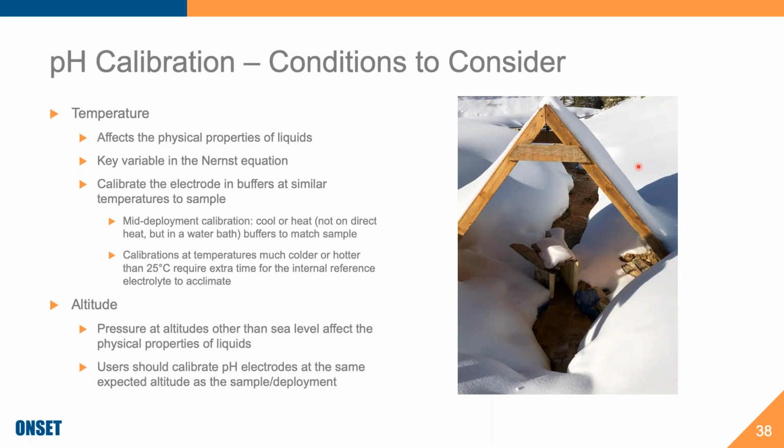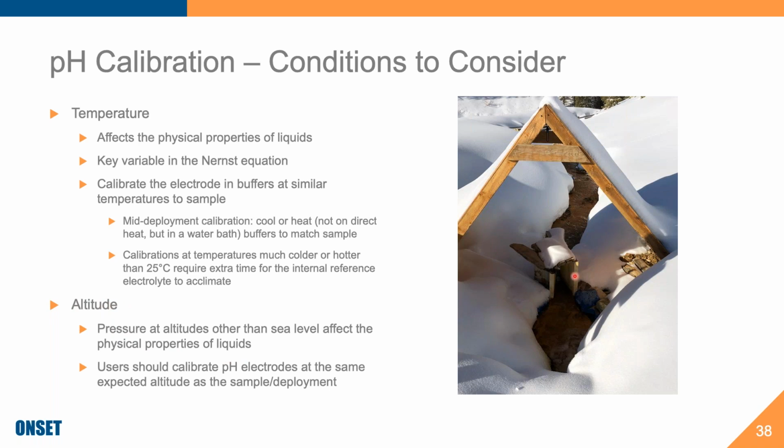Okay, another thing to consider when you're calibrating, and this is something that was new to me, a customer actually shared this with me, so I'd love to have a discussion with anyone on it if they are interested, but it is important apparently to calibrate your electrode at altitude.